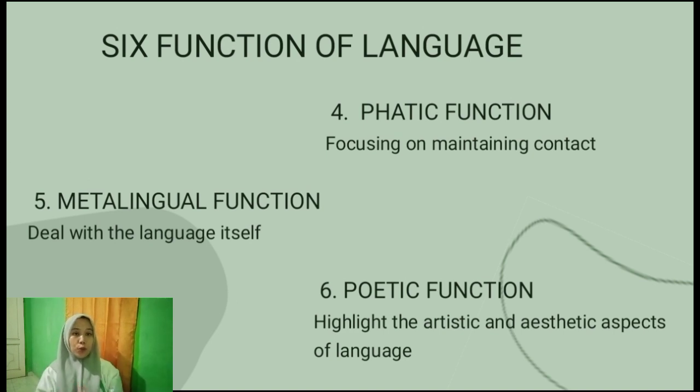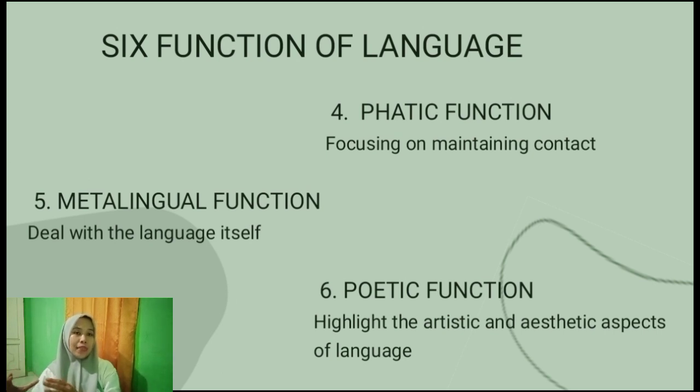Next is metalingual function. Metalingual function focuses on the code, or the way we deliver a message to the specific audience. We use this function when we want to explain a word or phrase with another word or phrase to ensure that the sender and the receiver have the same understanding. For example, we use the word rude.